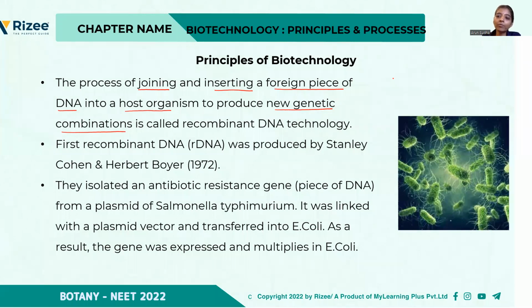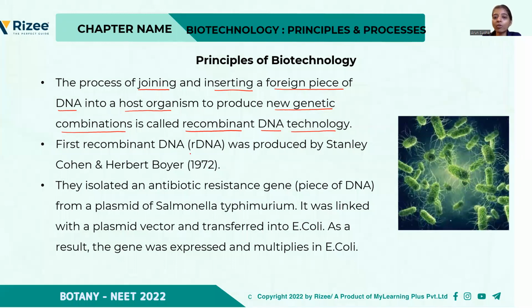We are introducing the gene that we want to insert. This technique is called recombinant DNA technology, the process of inserting a foreign piece of DNA into a host organism to produce new genetic combinations.